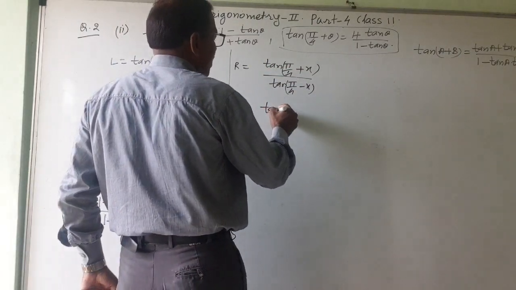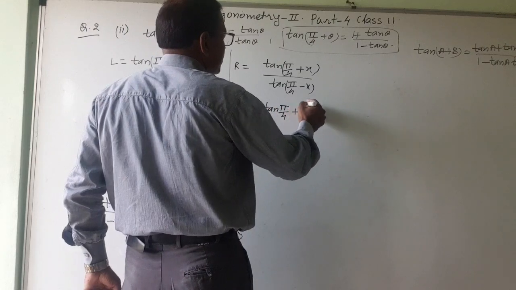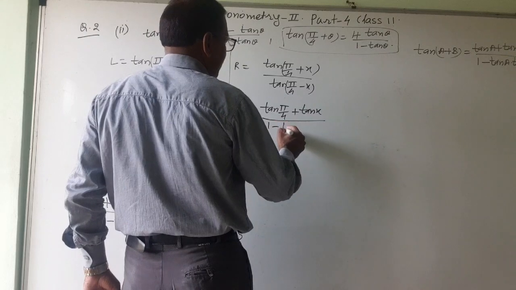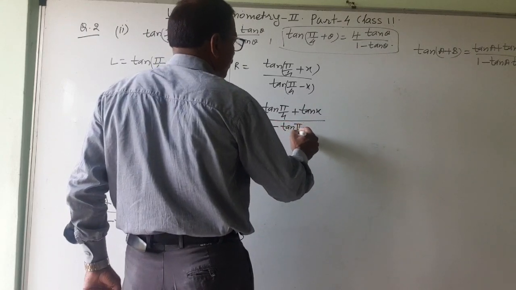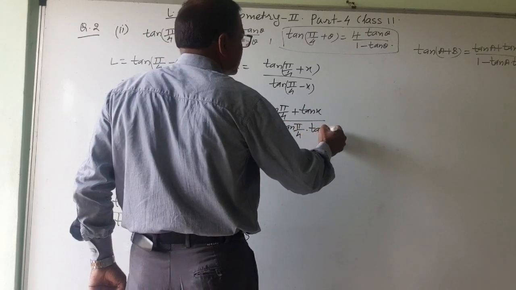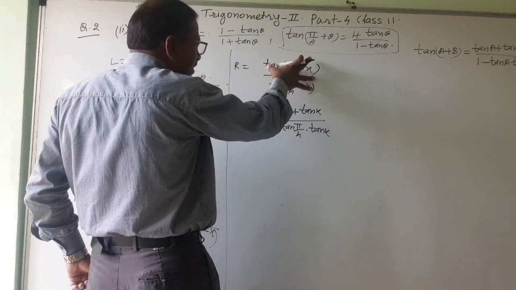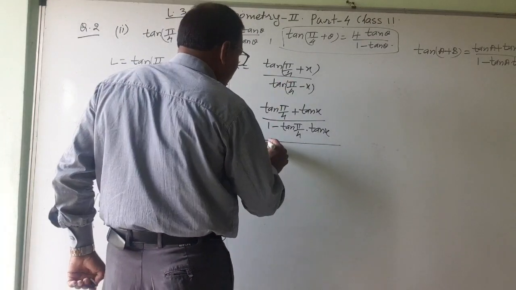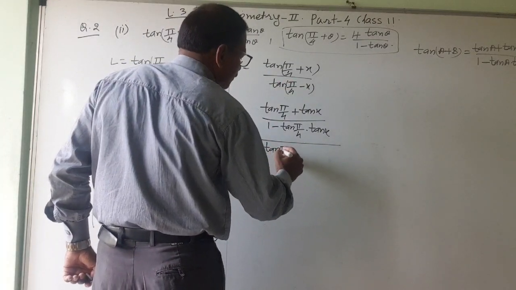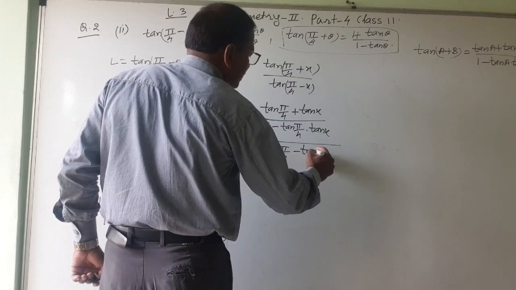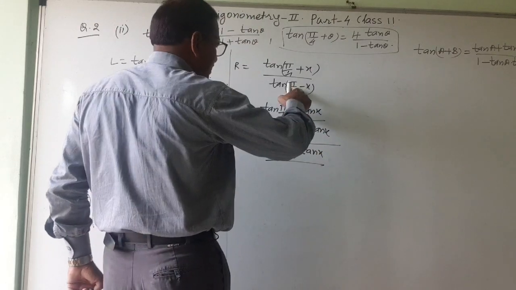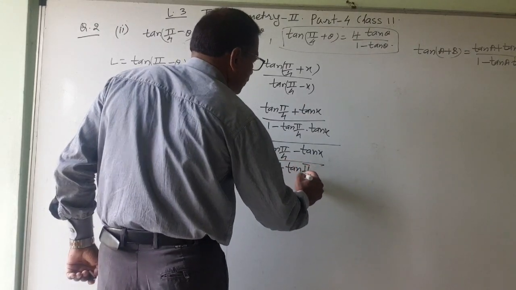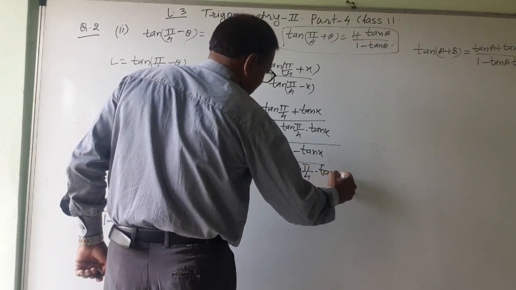So tan of pi by 4 plus tan of x upon 1 minus tan of pi by 4 into tan of x. This is the expansion of this. This upon, again tan of pi by 4 minus tan of x upon, if it is minus, here it will be 1 plus tan of pi by 4 into tan of x.